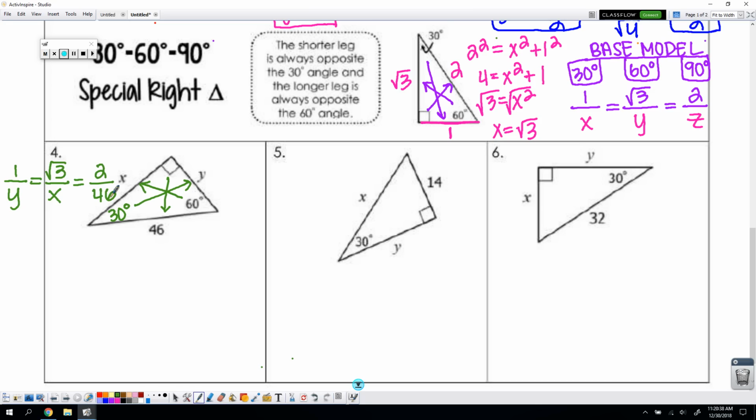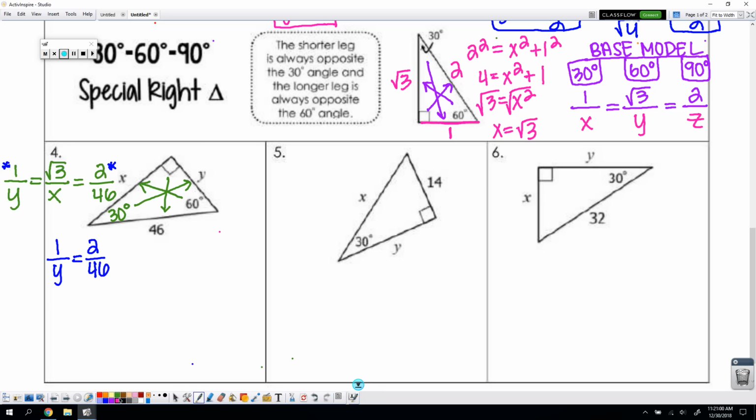Now we're going to do the same exact thing. So variable, all numbers, and put it together. So we have 1 over y equals 2 over 46.